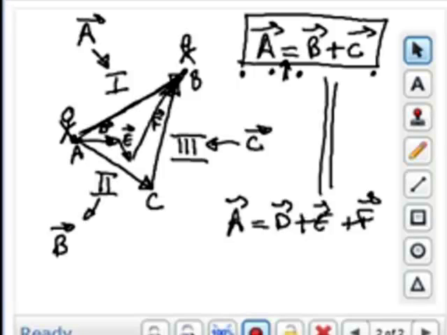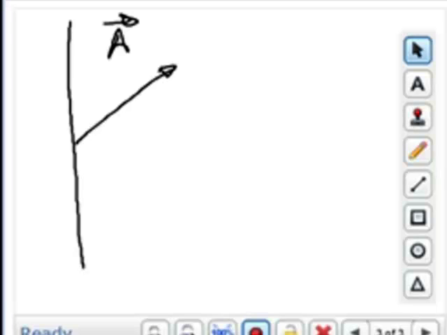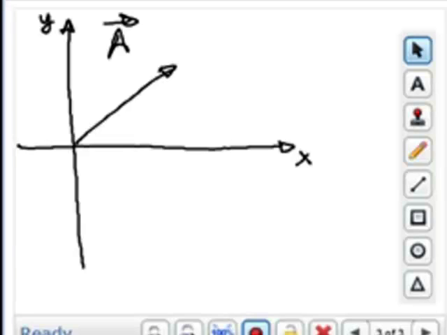The nice thing is that we can. So what we usually do in this class is we decompose a vector, but we decompose it such that it makes our life easy. For example, instead of decomposing my vector A into two arbitrary vectors B and C, I'm going to decide on what we call a coordinate system, which I will call X and Y. And I will break up, or decompose, my vector A into two vectors such that each vector will be aligned along one of my axes.